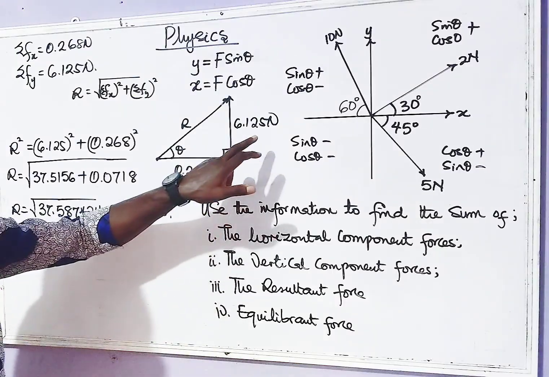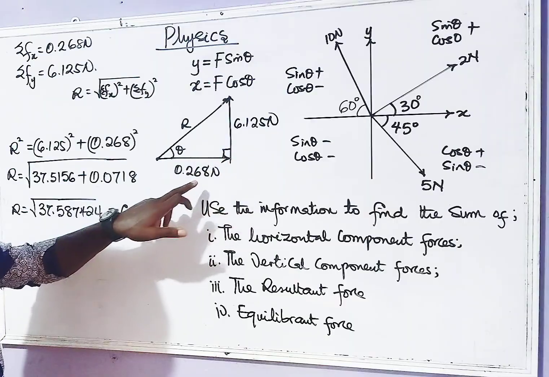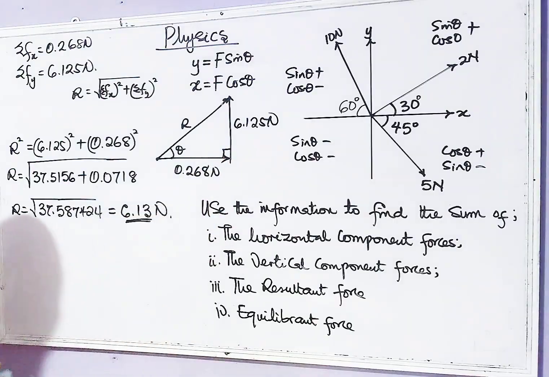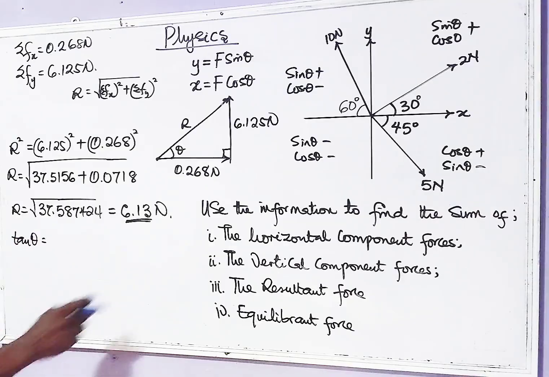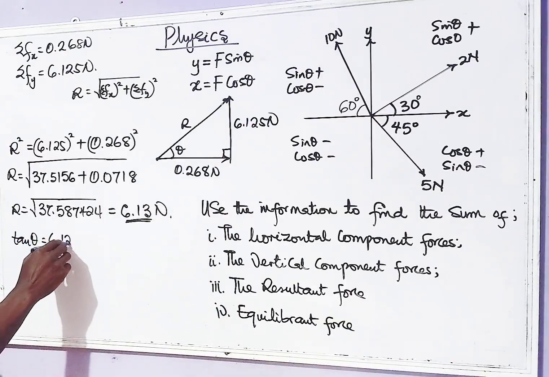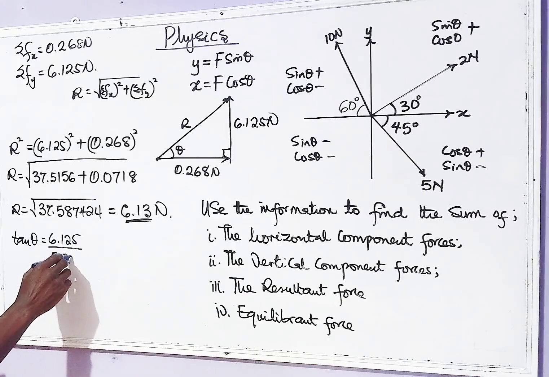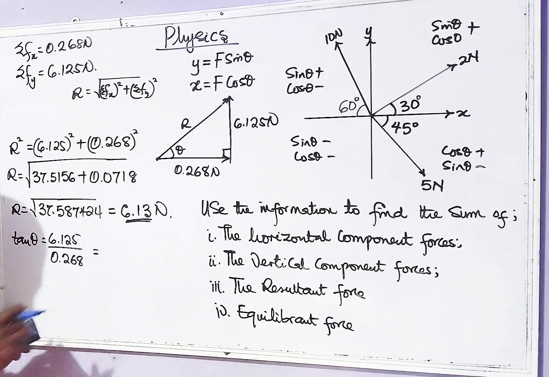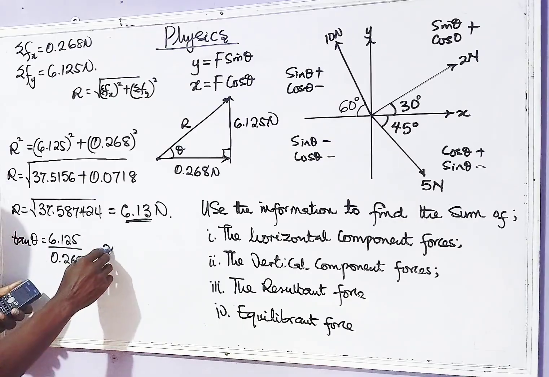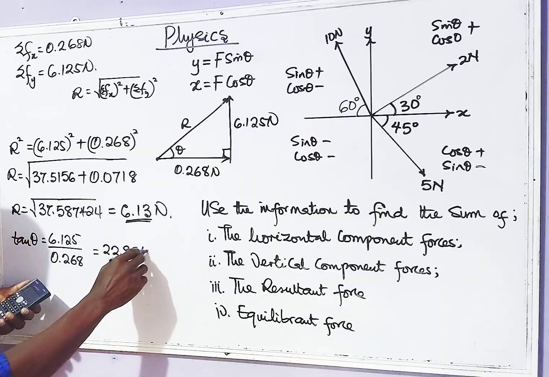Alright, for us to find this angle here, take note that there is a relationship between this and this. This is opposite over adjacent, that is tan. So here we have tan theta equals 6.125 all over 0.268, and this will give us 22.8544.